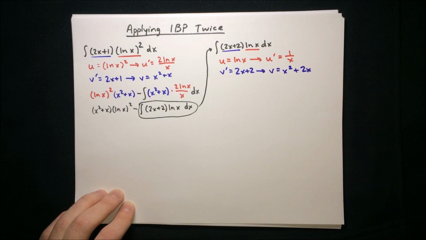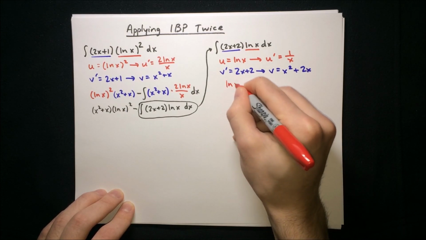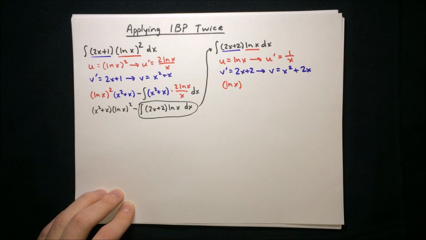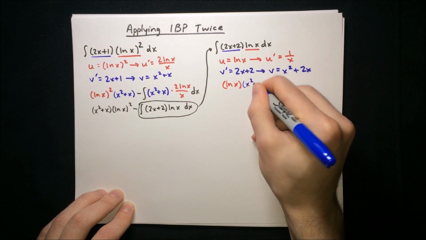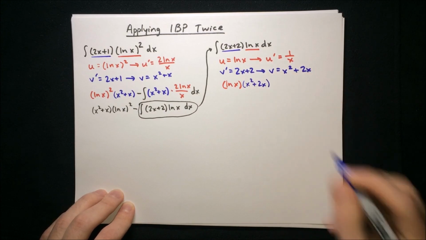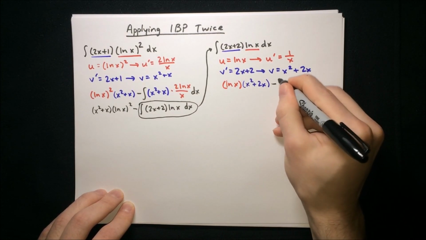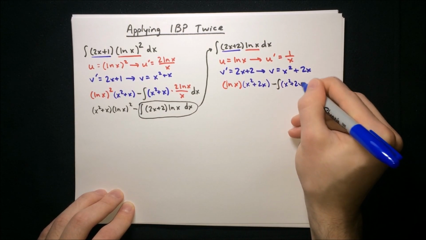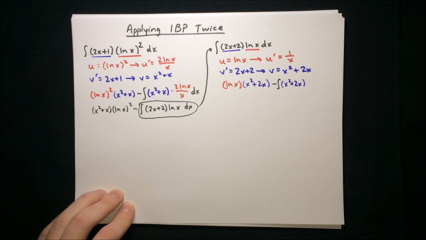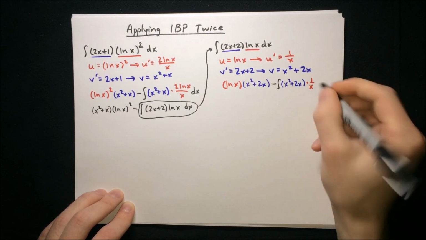All right, so now we are good to use the integration by parts formula. So u, that's ln x, times v, which is x squared plus 2x, and then minus the integral of v, which is x squared plus 2x, times u prime, which is 1 over x dx.